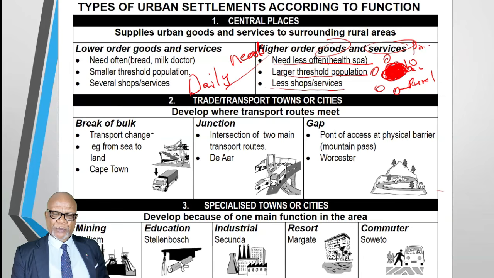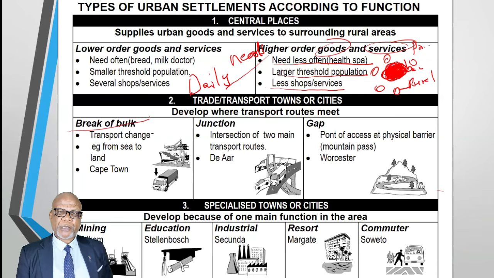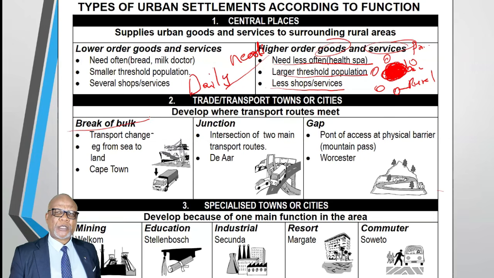So, what are trade and transport towns? Number one, we have break of bulk. When you go to the coast, all of your coastal towns will be break of bulk points, in such a way that products will be coming in by water transport and will be loaded onto road transport or rail transport.